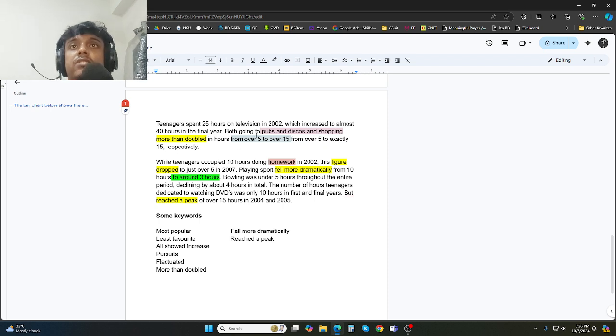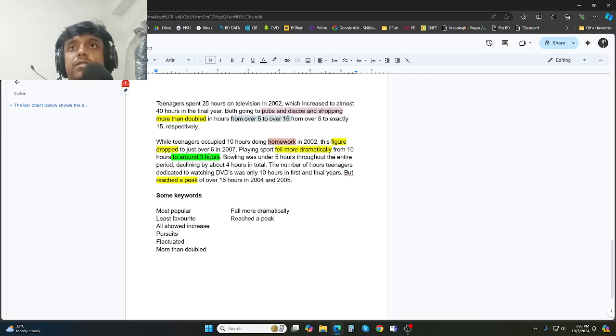So we are describing what happened during the years, respectively how many hours were increased. So more than doubled. So the hours of going to pubs and discos and shopping doubled.